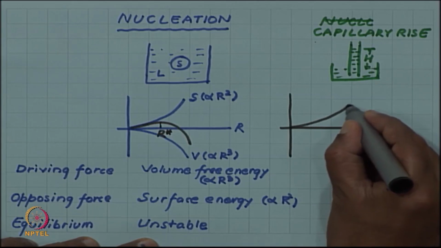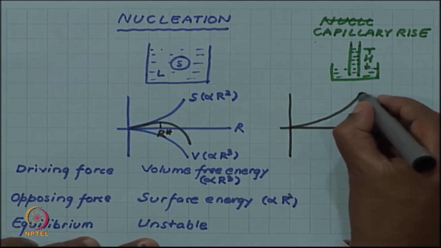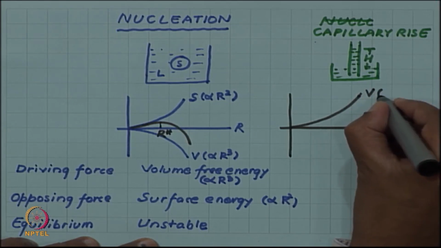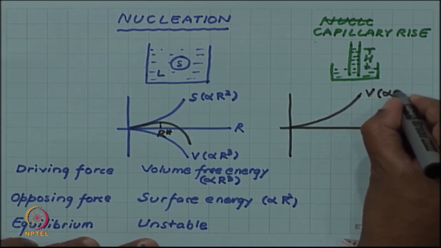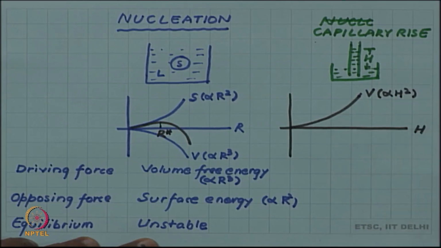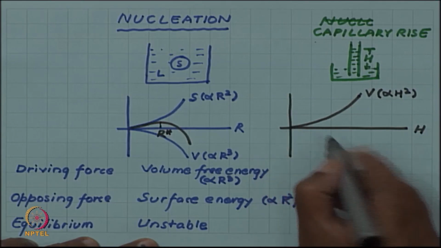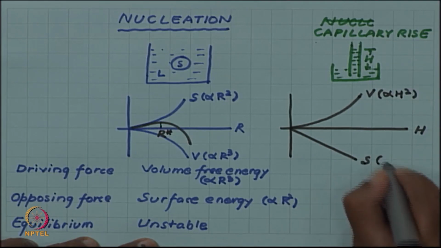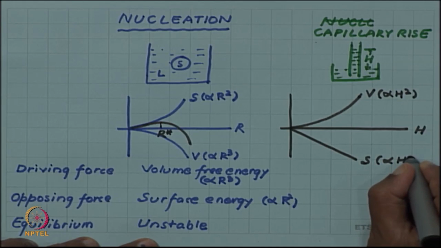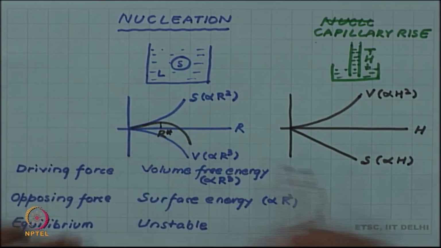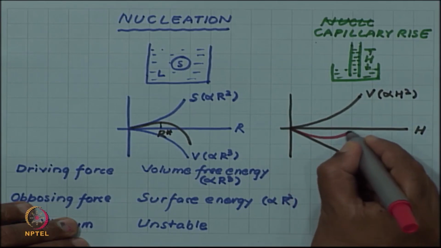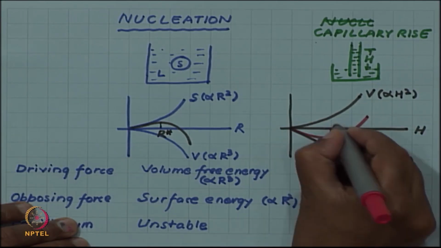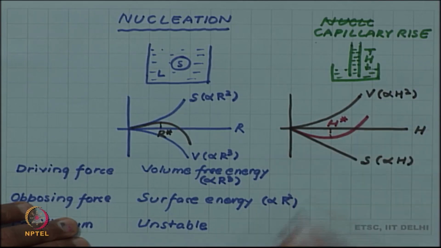So, the volume term is the opposing term, and that is proportional to h square, and the surface term is the driving force and is proportional to h, and the net curve goes through a minimum, giving you equilibrium capillary height.